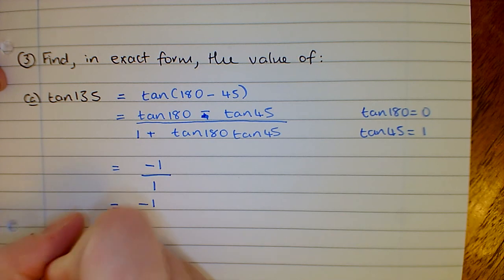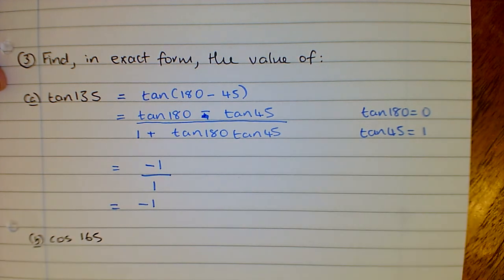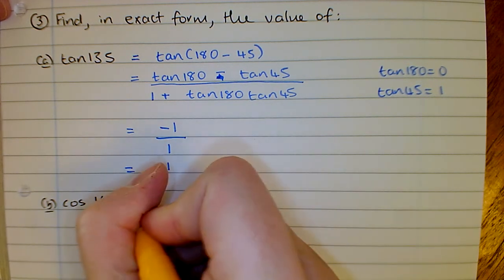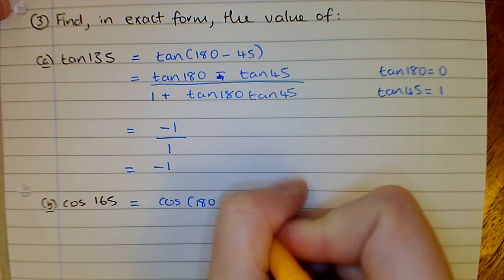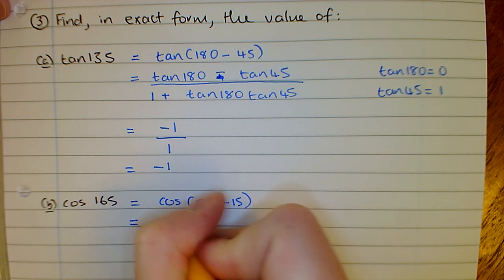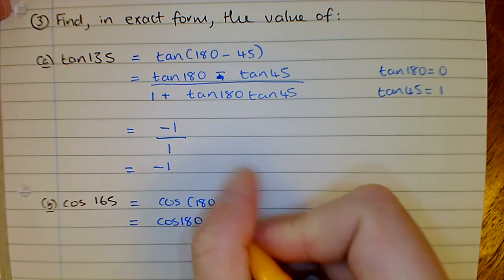So slightly harder one then, cos of 165. So I'm going to write that first of all as the cos of 180 minus 15 and expand that out. So that's going to be cos 180 cos 15.